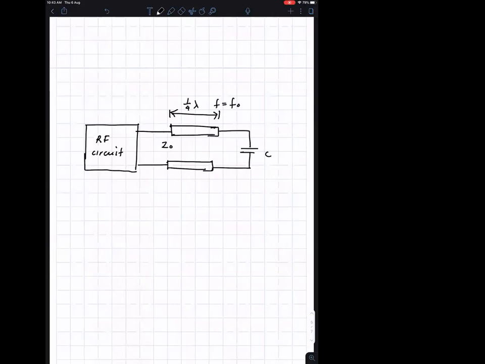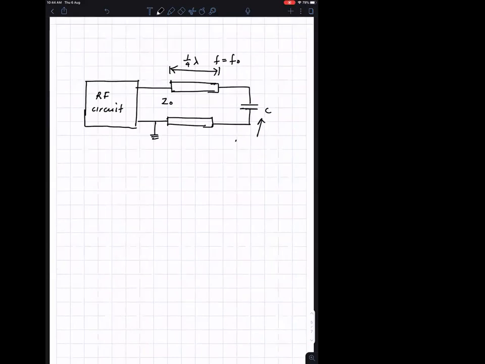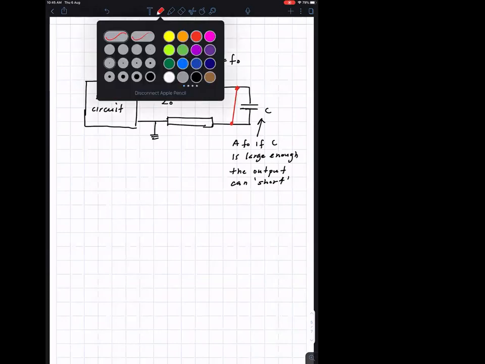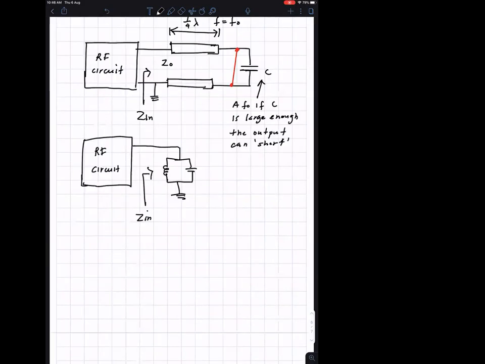Frequency, center frequency. At F naught, if C is large enough, the output can be a short or bypass, just like short circuiting this line. So what will the RF circuit see? The RF circuit will see a parallel resonant circuit, Z in and FC.